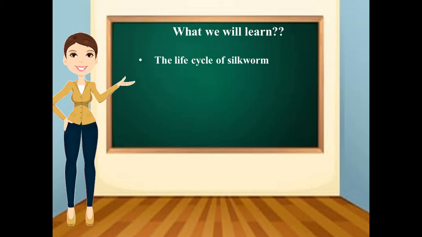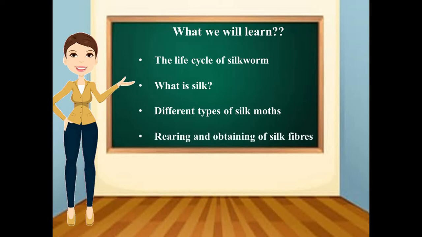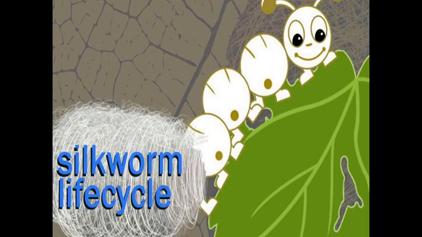Then we will move into what is silk, and then we will discuss the different types of silk moths, and finally we will discuss how to rear the silkworms in order to obtain silk fibers. Let us begin with the life cycle of the silkworms. Take out your copy and write down all the important points we will be discussing today.